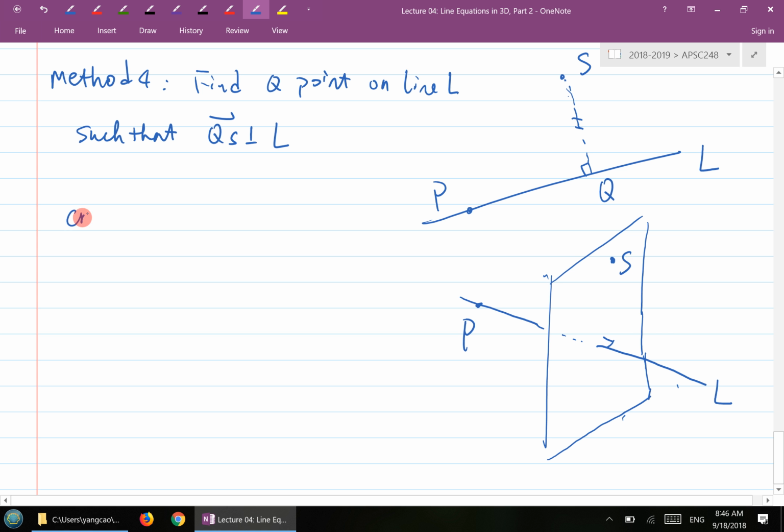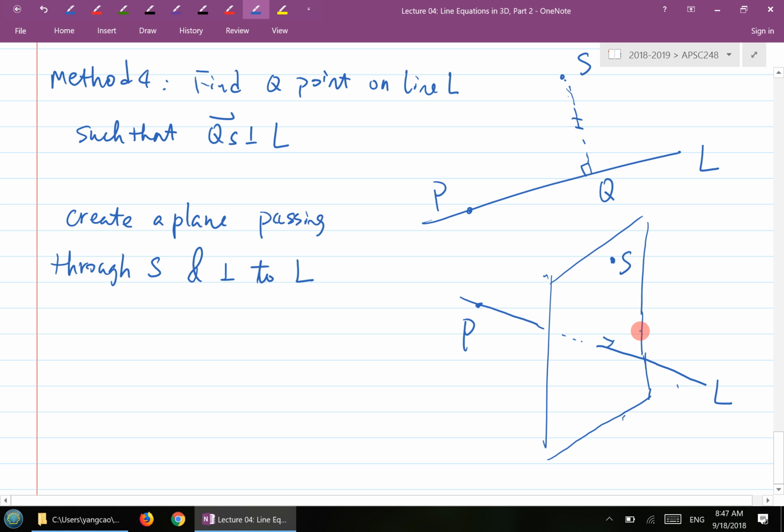So basically create a plane passing through S and perpendicular to line L. That's how this plane is created.